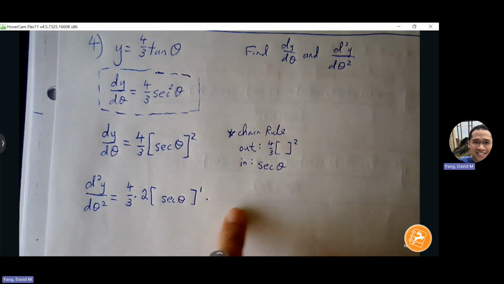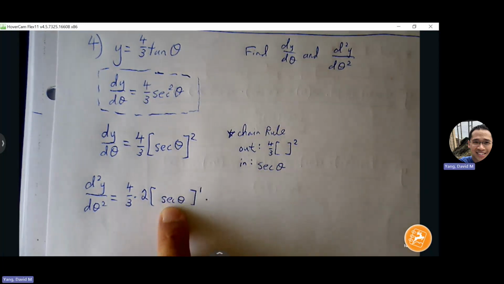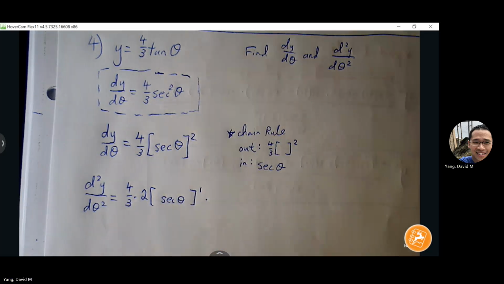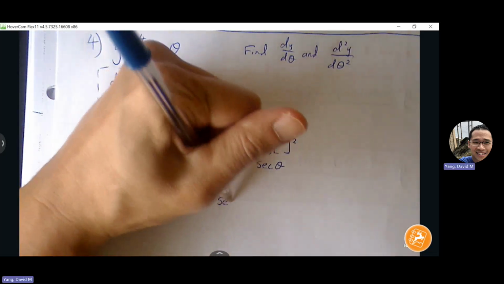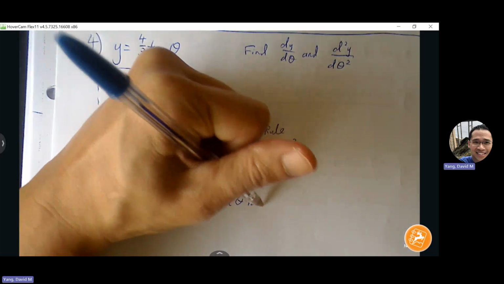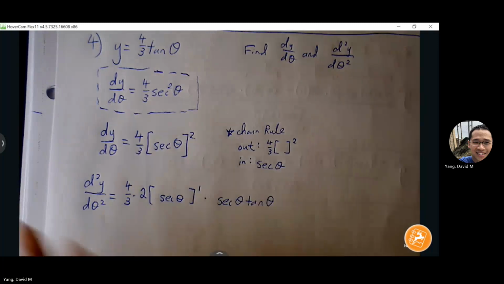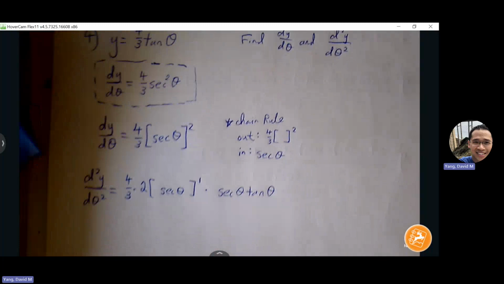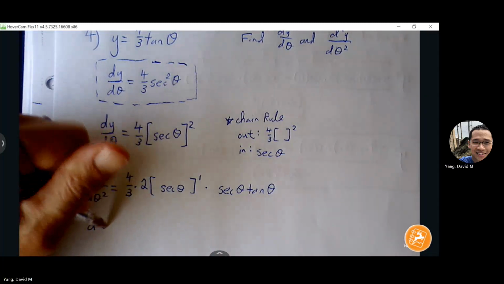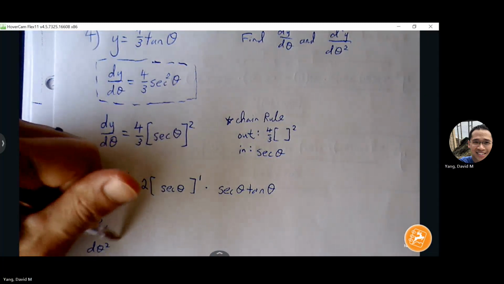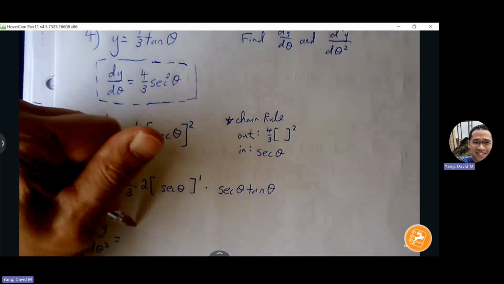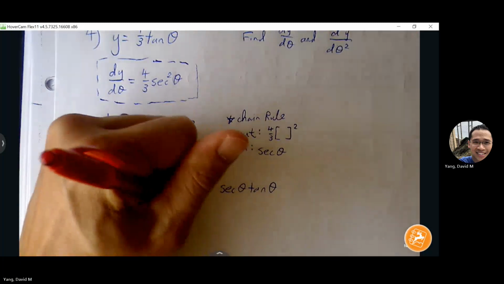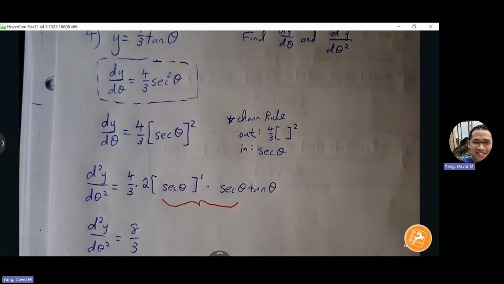Now we're ready for inside, but inside is going to have to be in a separate space. We can't do inside derivative here. What's secant's derivative? Secant theta, tangent theta. Okay, ready for cleanup? Eight-thirds. I can put the secants together, make it secant squared.